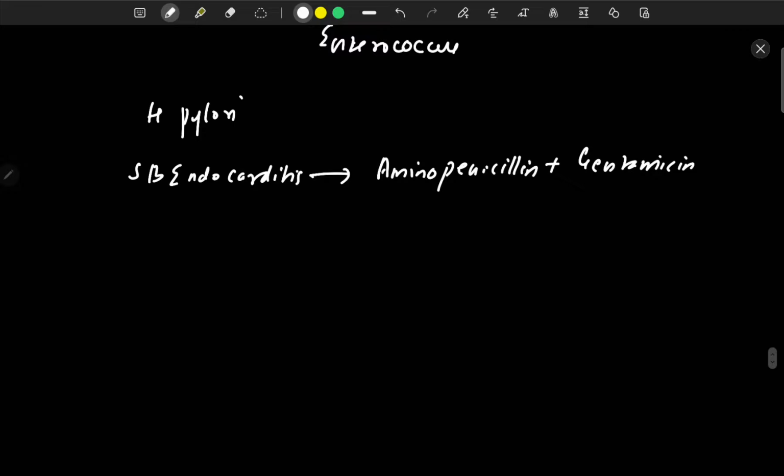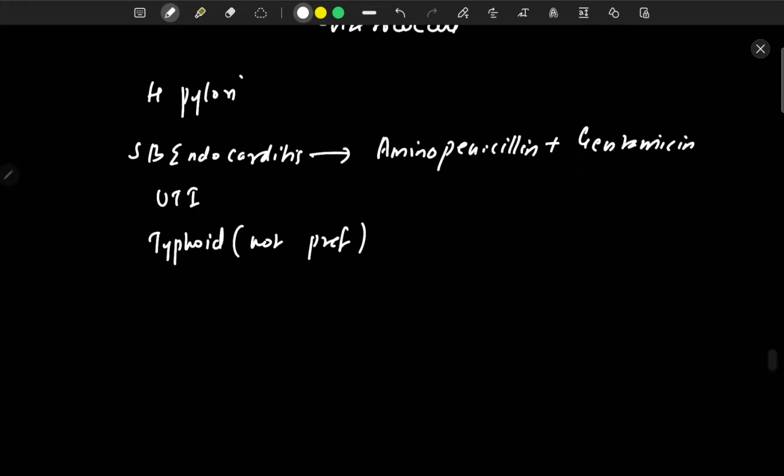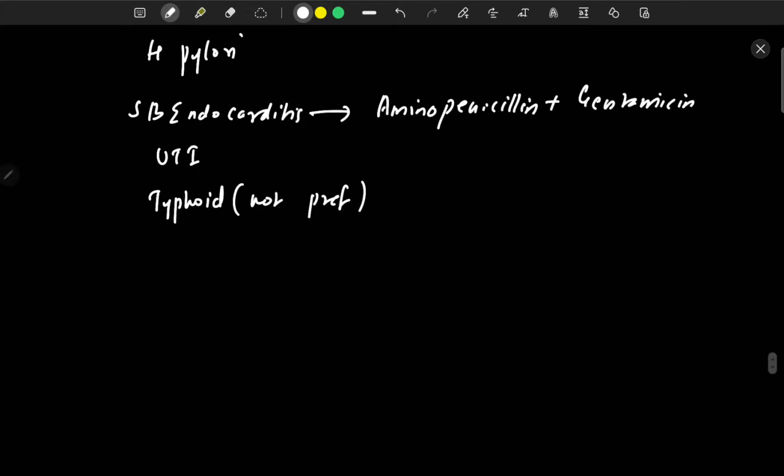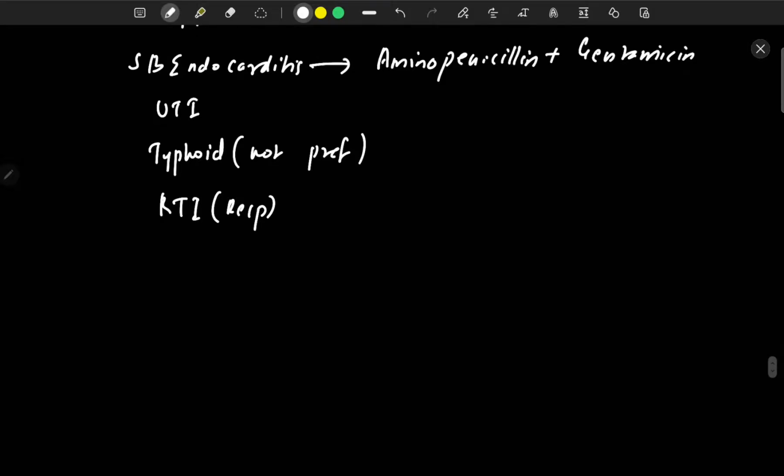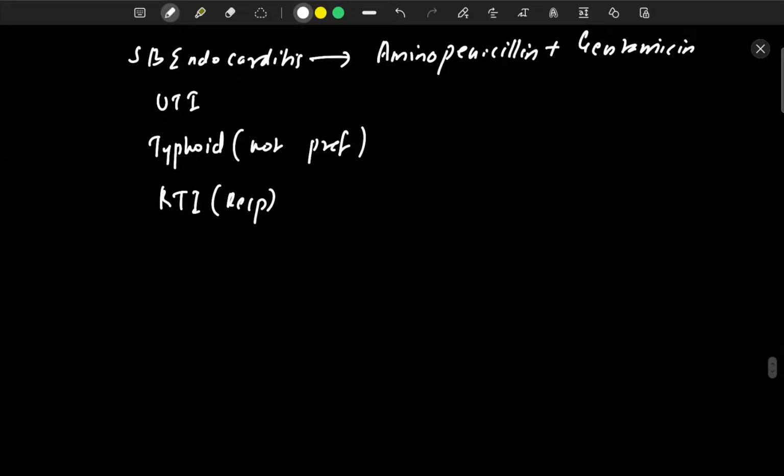It can also be given in urinary tract infections. It can be given in typhoid, but it is not preferred. Then we can give it in respiratory tract infections such as bronchitis and sinusitis. Then we can give it in meningitis.